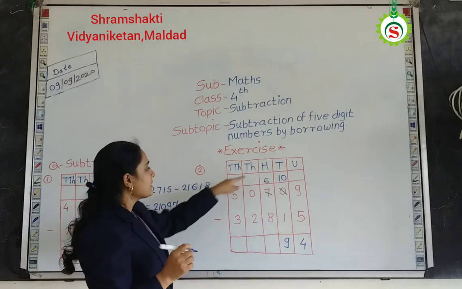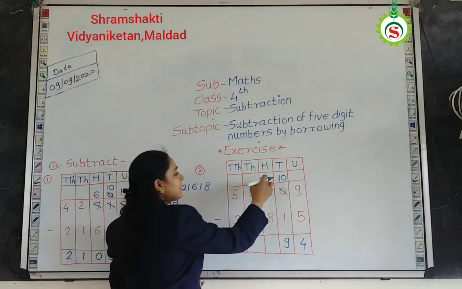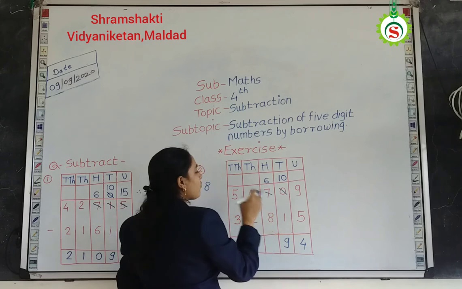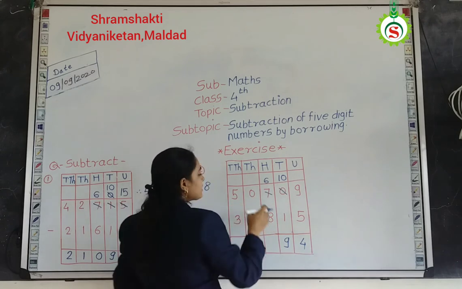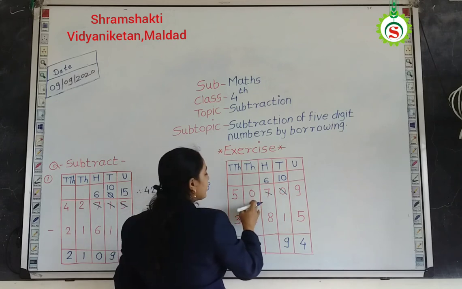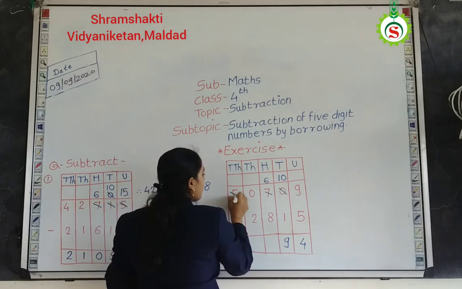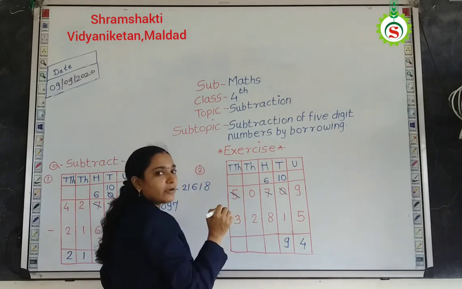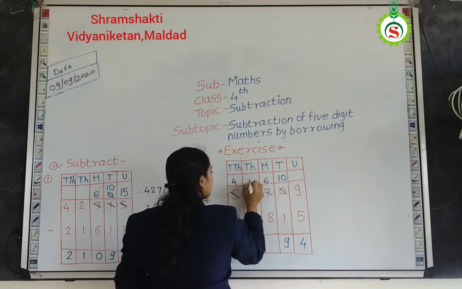Then next, 600 minus 800. Again here 6 is smaller than 8. Therefore again we need to take a borrow. But students, at the neighboring place there is 0, so we need to take a borrow from this 10,000. Untie 1 ten-thousand from this 5 ten-thousands. Here 4 remain and here we get 10.